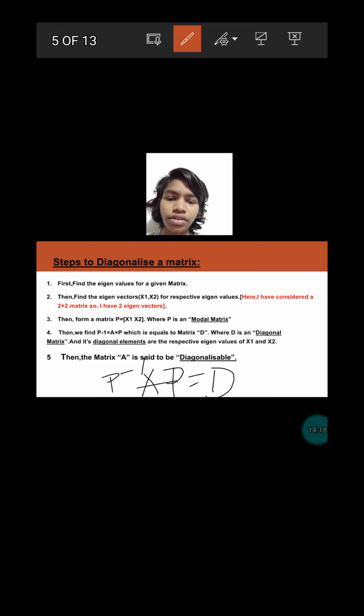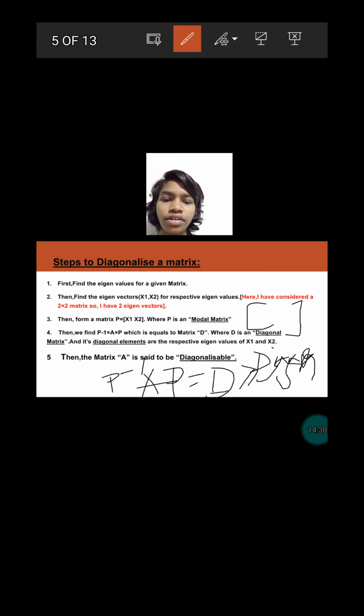Let that be matrix D, and D is said to be the diagonalized matrix if its diagonal elements are eigenvalues. If its diagonal elements are eigenvalues, then the matrix is said to be a diagonalized matrix.